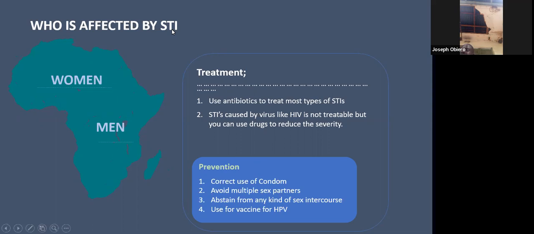Most of the diseases we'll just manage with antibiotics. We give them antibacterial drugs based on the cause, but we find that there is no cure for the STIs or STDs caused by viruses, but we can use some medications to reduce the severity.